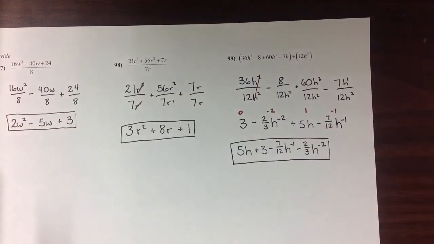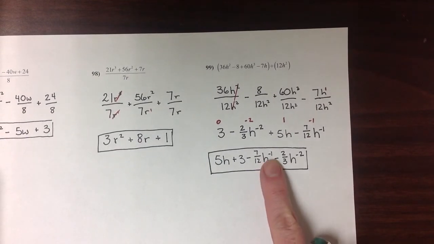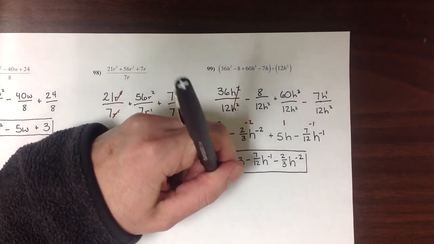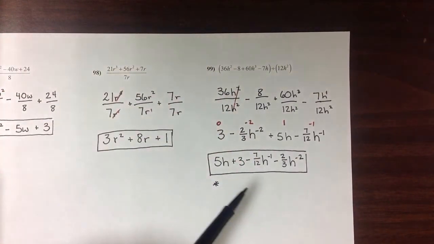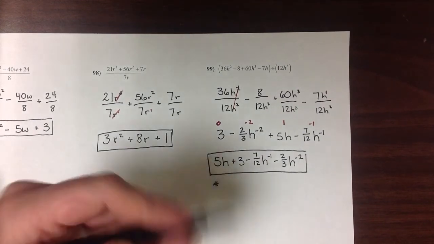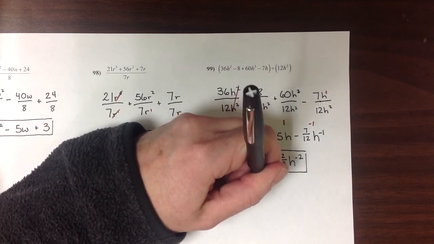So because we have two terms in this answer that are not positive, an h to the negative 1 and an h to the negative 2, just be aware that when you do division with a monomial into a polynomial, sometimes the answer you get is not a polynomial.